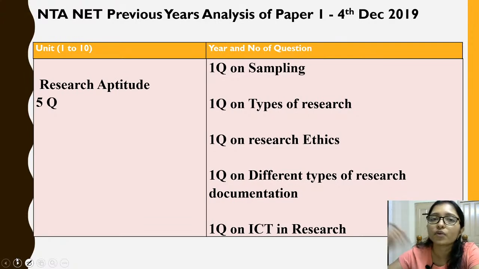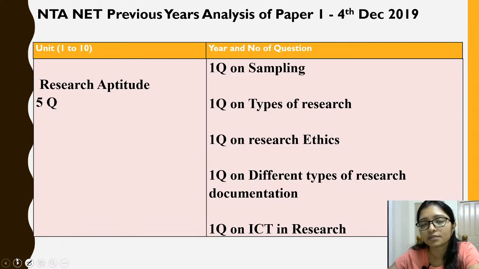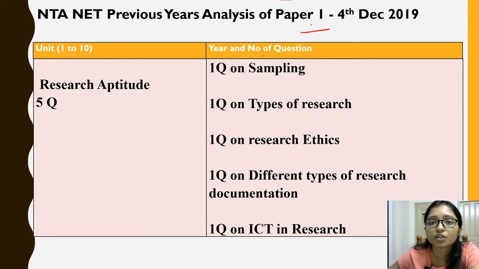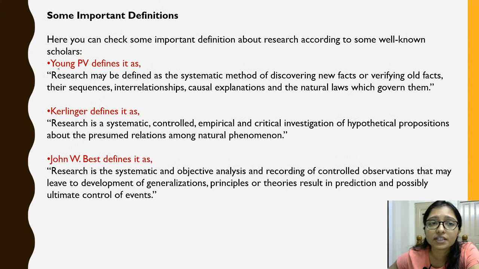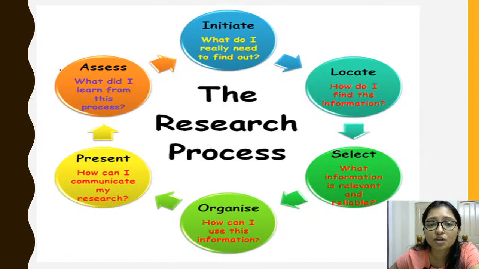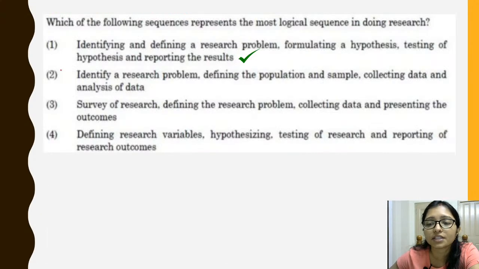That's why, before going to types of research, we have to understand sampling and hypothesis. Today I have added slides to discuss different types of sampling, because as per the analysis, sampling is very important. Yesterday we discussed what research is, types of research and the process of research.